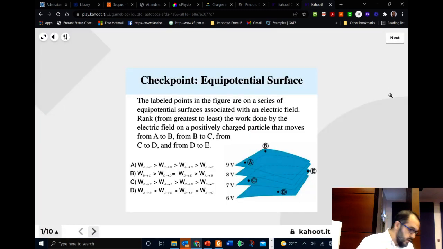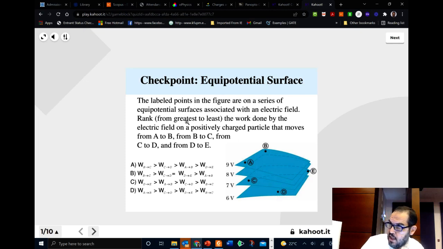So let me read it in case you cannot see it well. The labeled points in the figure are on a series of equipotential surfaces associated with an electric field. So we have one surface that has a potential of 9 volts, then surfaces of 8, 7, and 6 volts. A and B are on this surface, C on this surface, E on the middle, I guess on the same surface as the 7 volt, and you have D on the 6 volt equipotential surface.